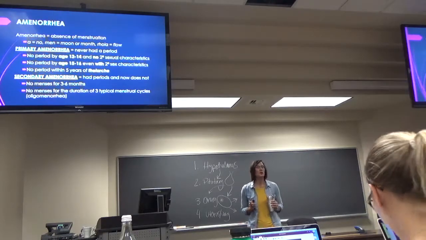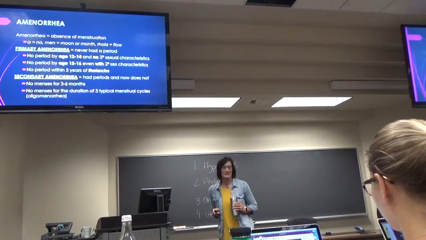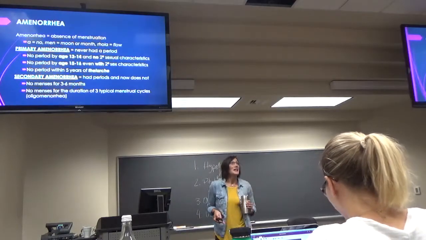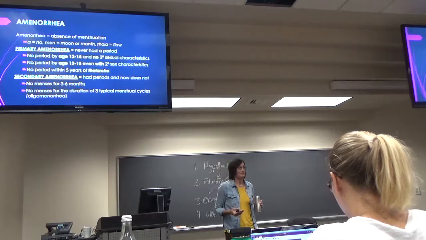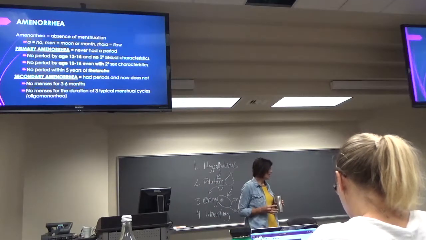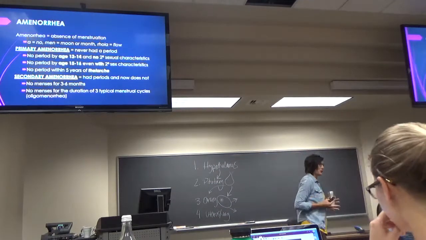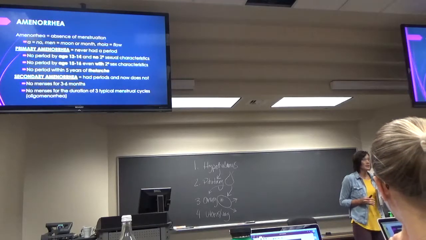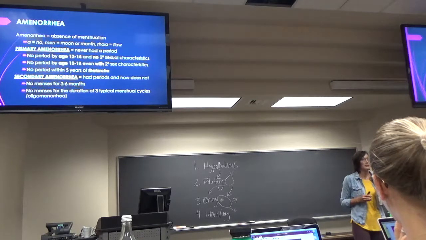So a new word for you guys, thelarche, which I never have used. That's the development of breasts. So if they have not had a period or any bleeding within 5 years of breast development, that's primary amenorrhea. Okay.